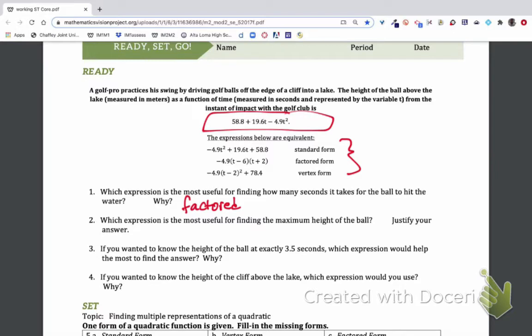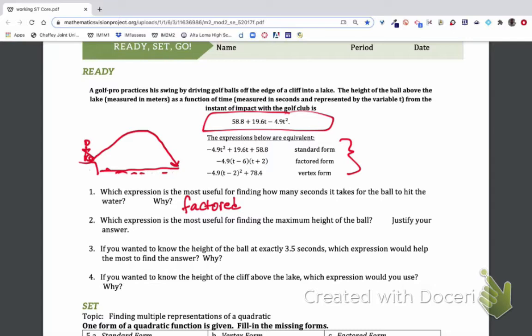For number two, the maximum height of the ball. Keep in mind, we've got a cliff here, and we're going into a lake. Definitely looks like water. And we've got a golfer here swinging a golf club, and there's a ball, and the golfer swings and the ball goes into the lake.